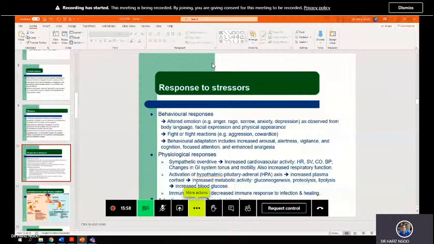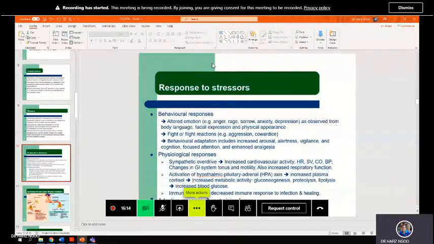It also activates the hypothalamic-pituitary-adrenal axis. This is basically to increase plasma cortisol, so the increase in cortisol secretion.